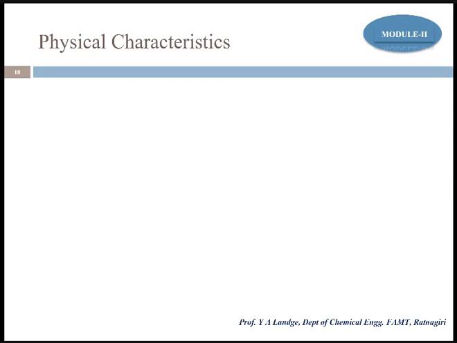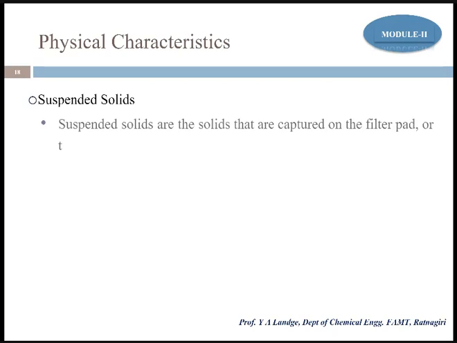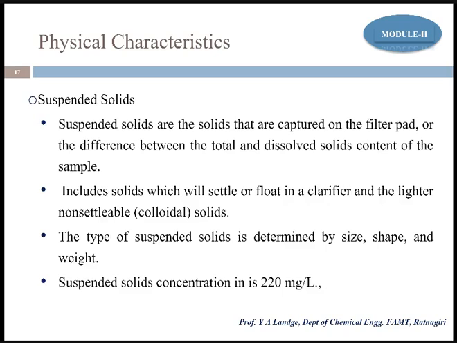Let me give an example. This is all about physical characteristics, which we determine to plan the primary treatment. What are the primary treatments? In the next chapter we will look at primary, secondary and tertiary treatment. For the primary treatment we should know the physical characteristics of the waste which comes out from the plant.